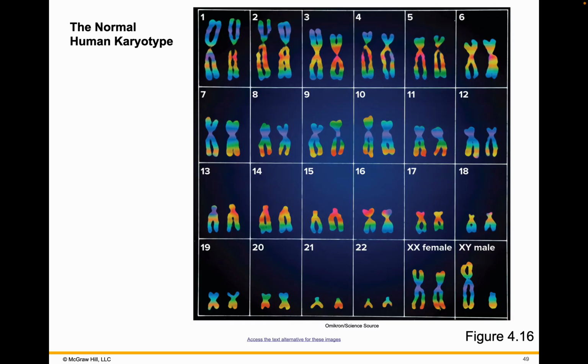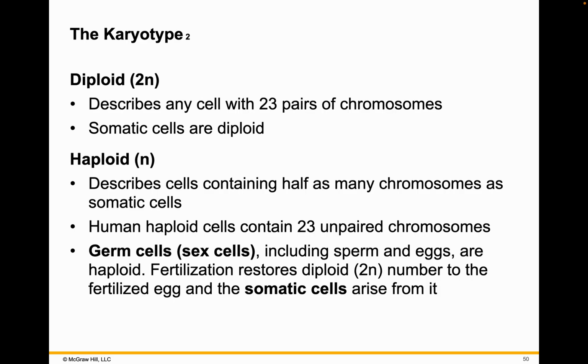Here is a normal human karyotype. You can see 2 copies of each chromosome. Diploid is the cell with 23 pairs of chromosomes. Most somatic cells are diploid. Haploid describes cells that have half as many chromosomes as somatic cells.